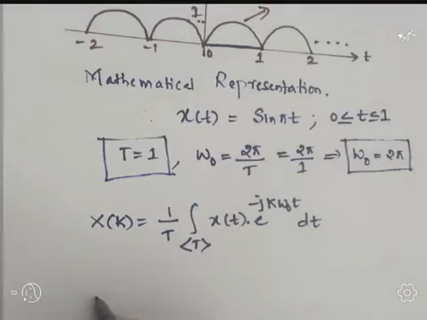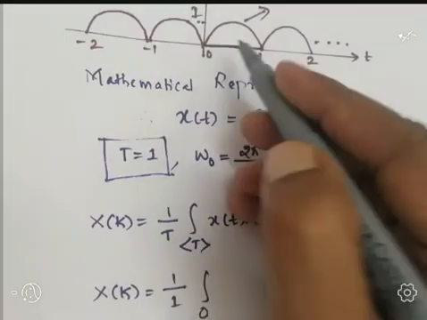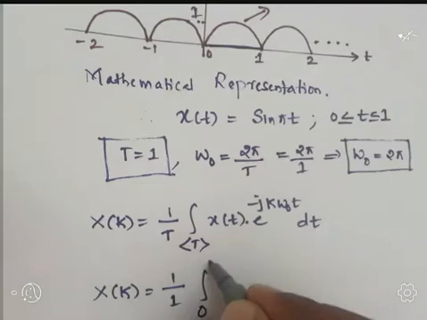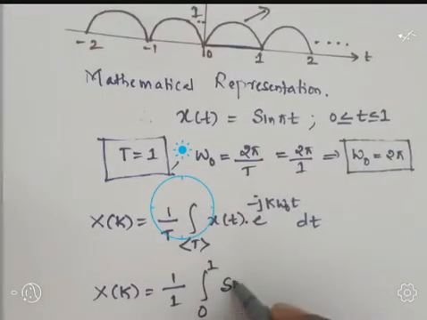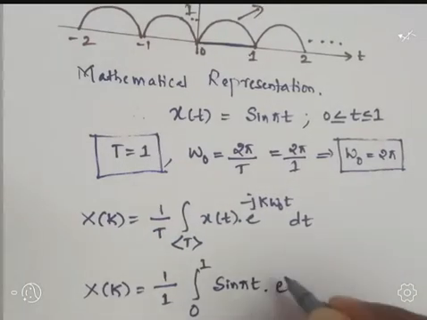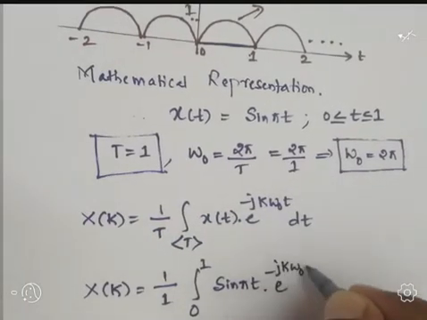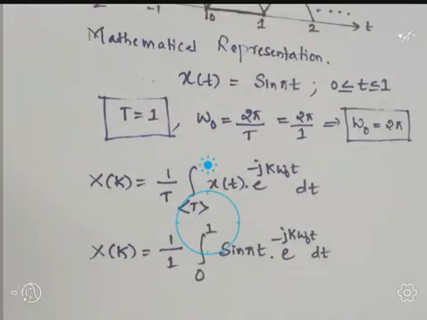Hence X of k is equal to 1 divided by 1 integration over the period 0 to 1. X of t is given, that is sine pi t multiplied by e to the power minus j k omega naught t dt. So we substituted the given signal.